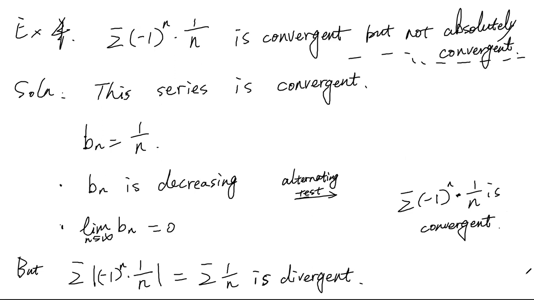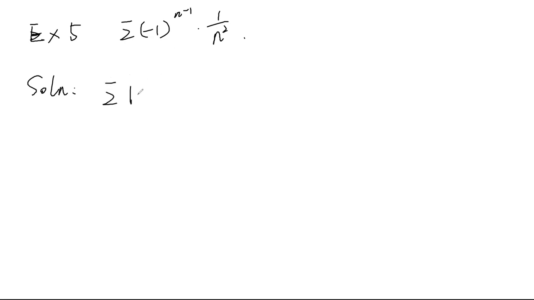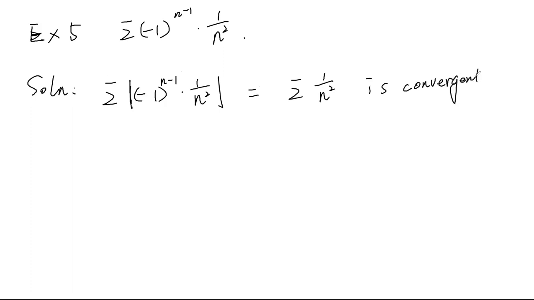And then as a comparison, let's consider this example: the sum of (-1)^(n-1) multiplied by 1 over n squared. Now if you take the absolute value and consider the series of its absolute values, this is equal to the sum of 1 over n squared, and this is convergent.